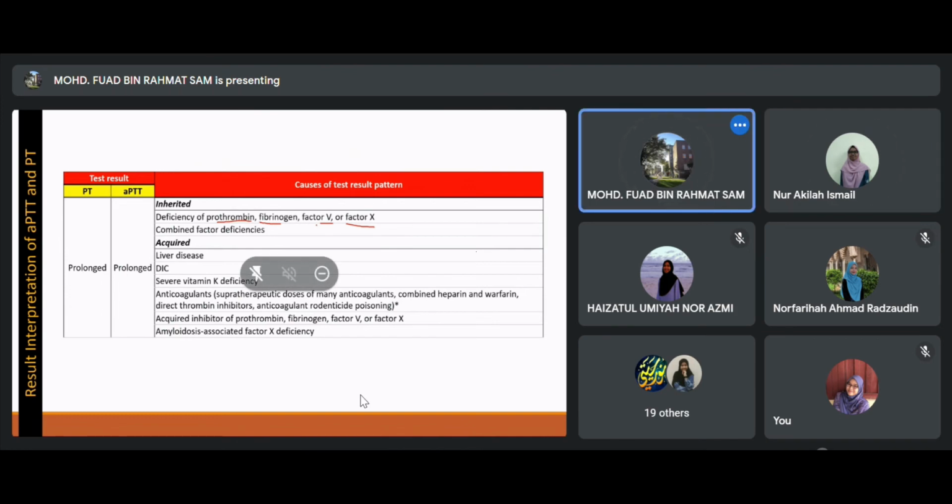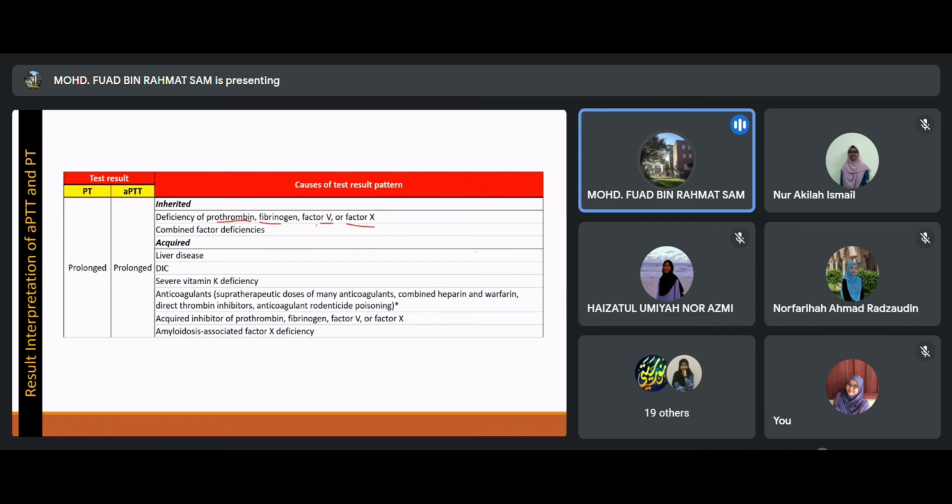Common pathway. Bila common pathway ada deficiency, you guys rasa tak affected pada PT dengan APTT? Yes, sebab dua-dua PT and APTT akan measure also the common pathway. Okay, so maybe juga the patient's combined factor deficiencies, or maybe the liver disease, DIC, severe vitamin K deficiency, or maybe involvement of the anticoagulants, acquired inhibitor of prothrombin, fibrinogen factor 5 or factor 10, or amyloidosis associated for factor number 10 deficiency.